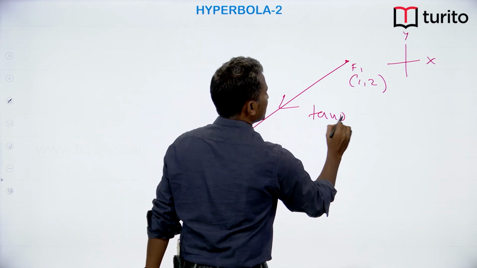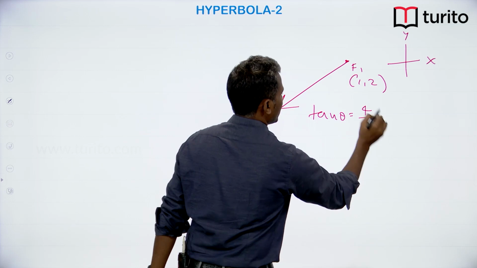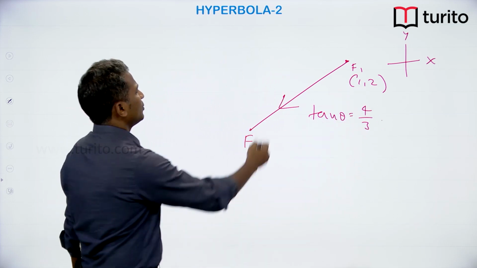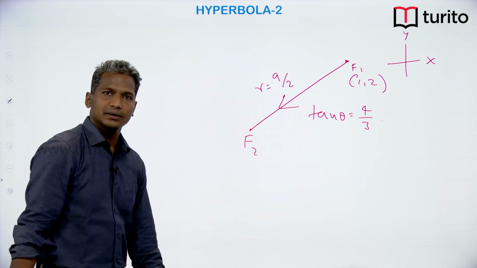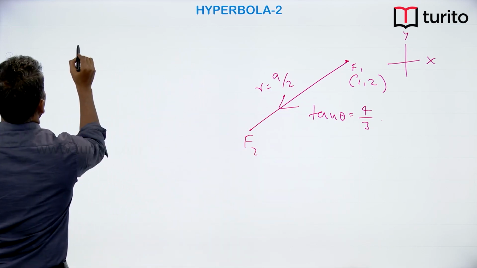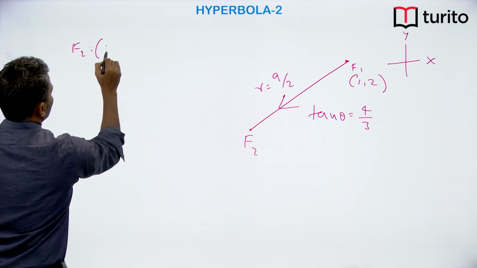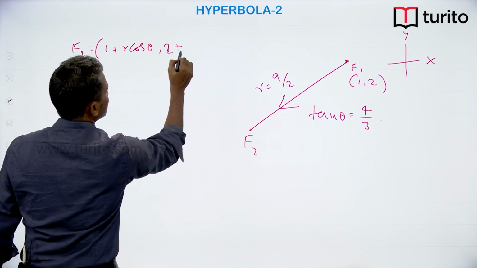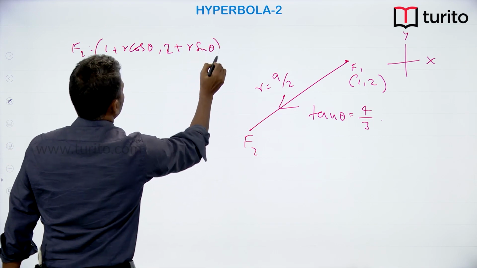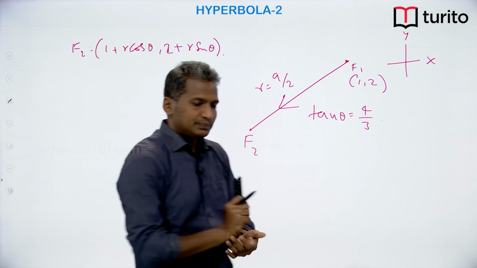So, what is the tan theta that we got? We got it as 4 by 3 and we know the distance to be 9 by 2, which is r. So, if we apply this formula, 1 plus r cos theta comma 2 plus r sin theta, we can get the point F2.